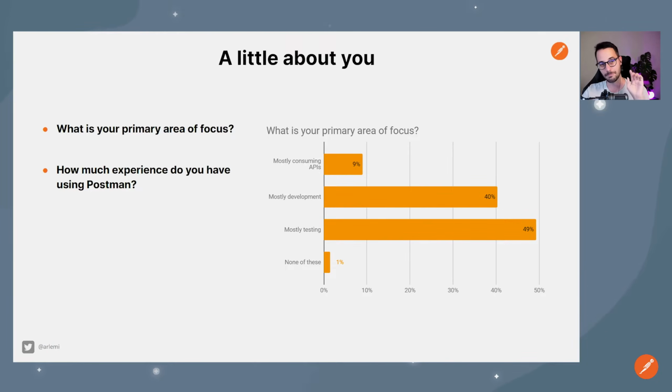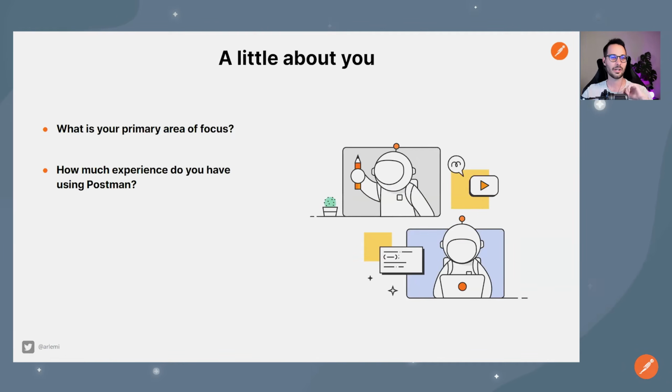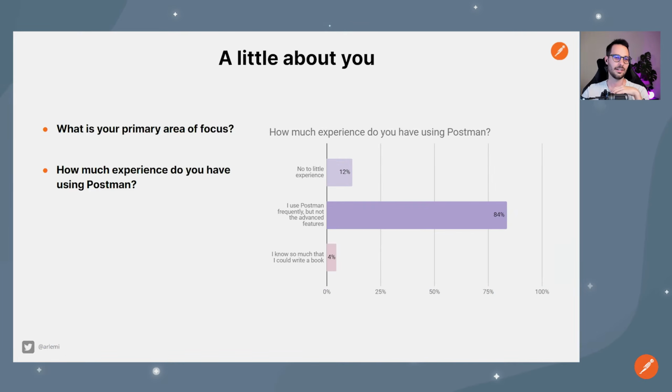We have a little 1% doing none of these. Hopefully we'll get you interested in that and maybe you'll move into one of the other categories. The second question, we have mostly just Postman users, not using advanced features, but just using Postman on a regular basis. Three of you have written a book, so please share it. And then we have a few beginners, and that's fine. That session is for everyone.